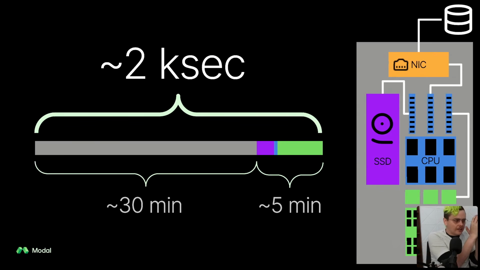And so there we have this timeline on the right for our about 35 minutes or 2 kiloseconds of startup time. The colors there represent different components of the machine that are the load-bearing piece during each of these periods.